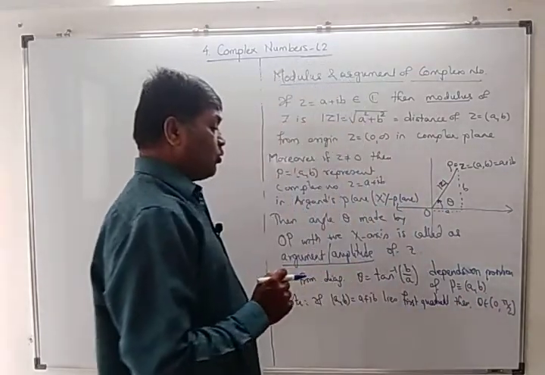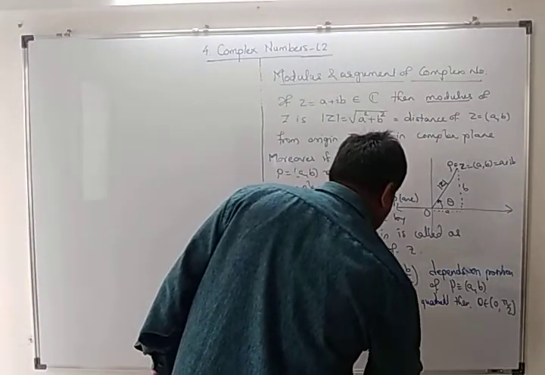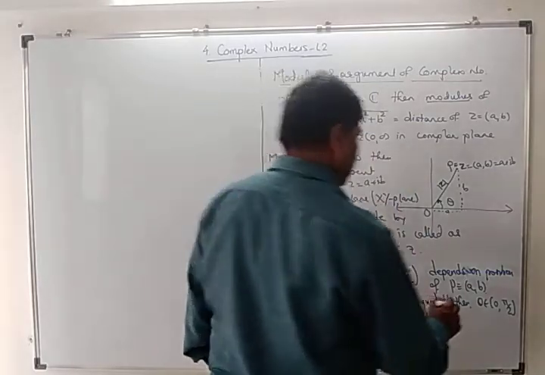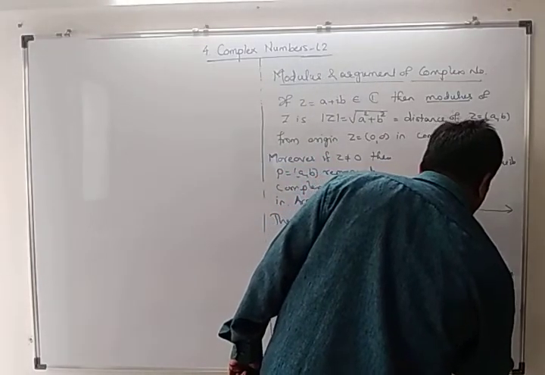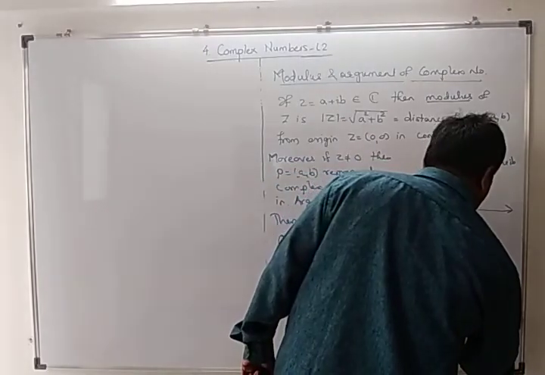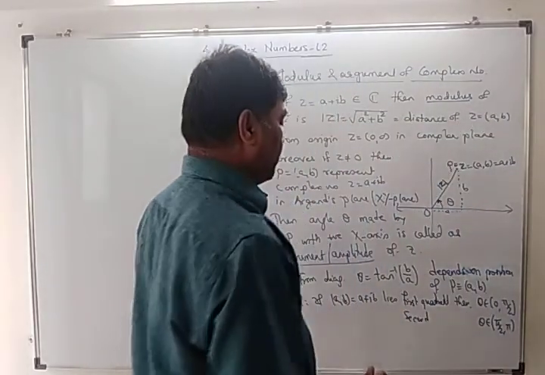Right. If it lies in the second quadrant, then theta lies in pi by 2 to pi.